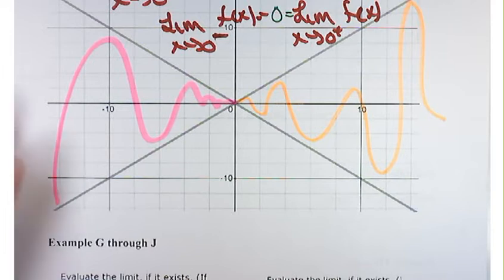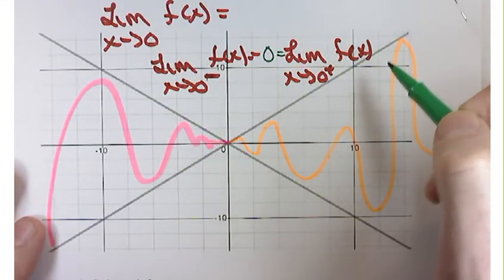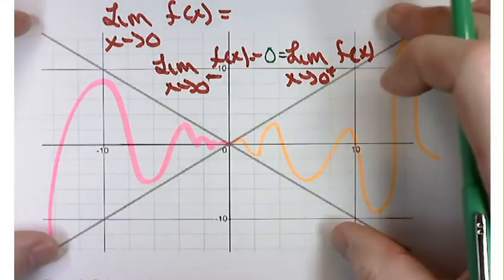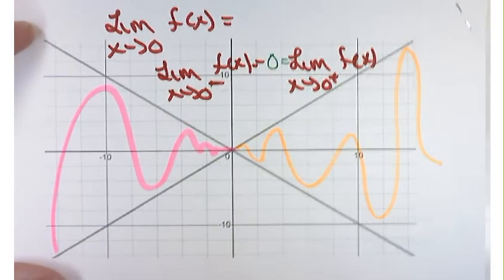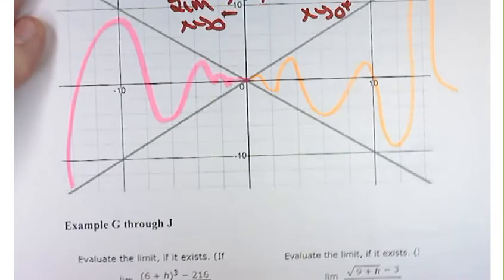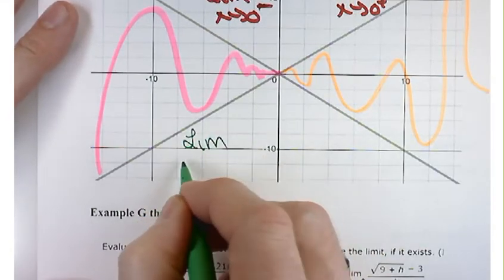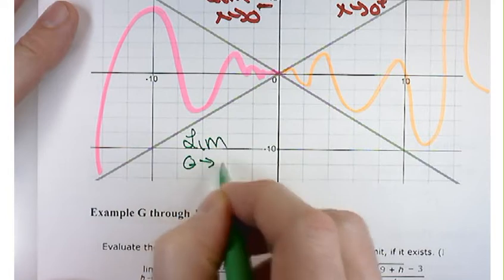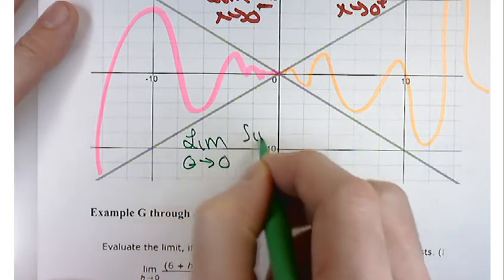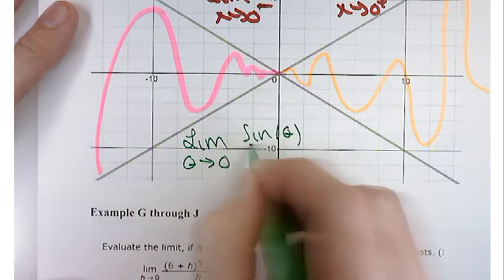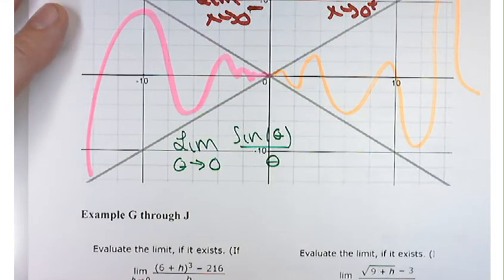So, all right. We're going to need the squeeze theorem later. It's going to help us calculate some strange stuff like this. The limit as theta approaches 0 of sine of theta over theta.